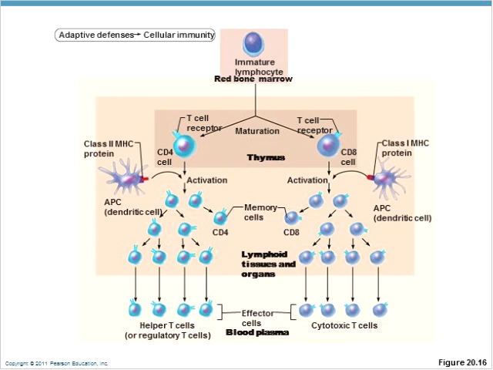What you're seeing here is a graphic which explains the diversification of a T cell. We have a T cell which becomes a CD4 cell, a helper cell, or a CD8 cell, which becomes a cytotoxic cell. The T cell goes to maturation. You see the CD4 cell here and the CD8 cell here.